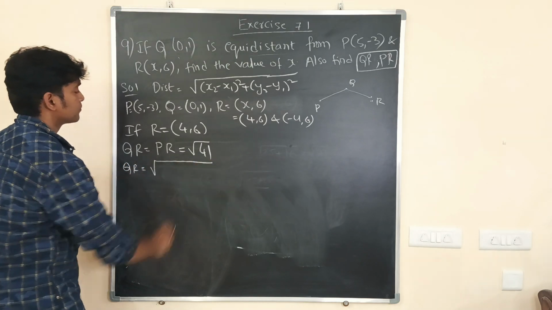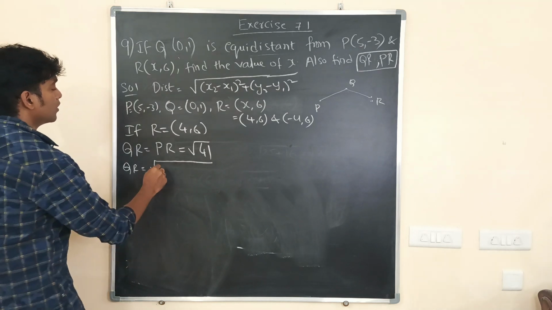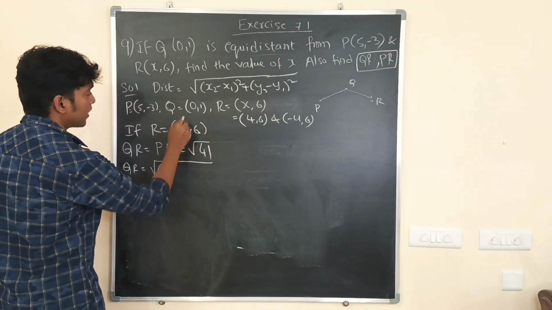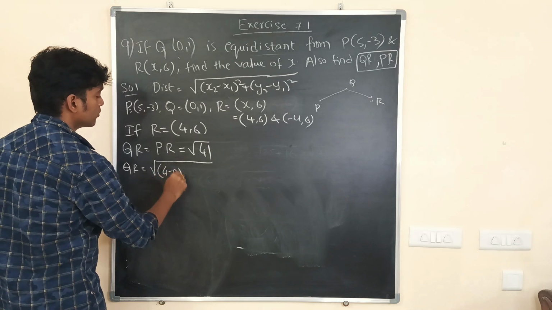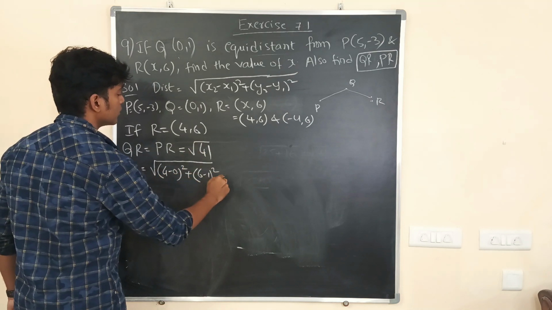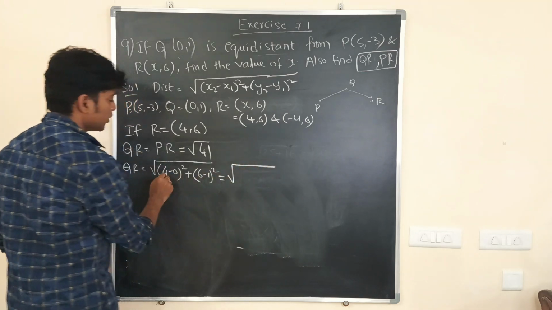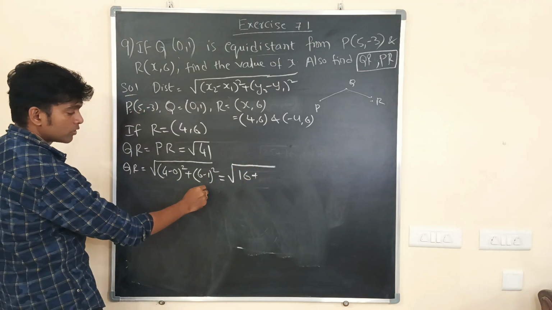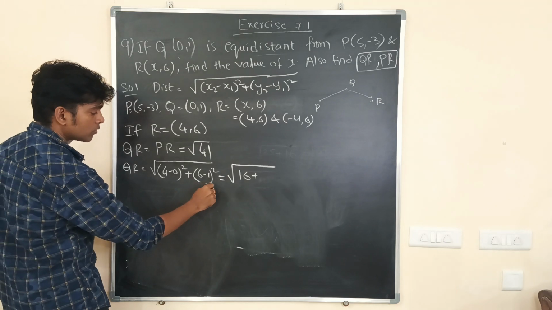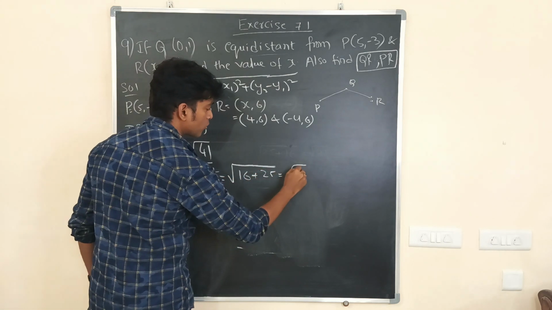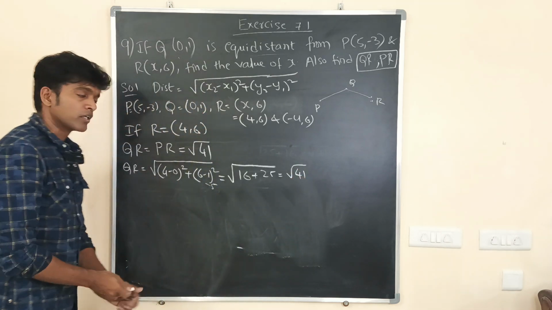Square root of x2 minus x1, so 4 minus 0 whole square plus y2, 6 minus 1 whole square. That is square root of 4 square is 16 plus 5 square means 25. Square root of 41.